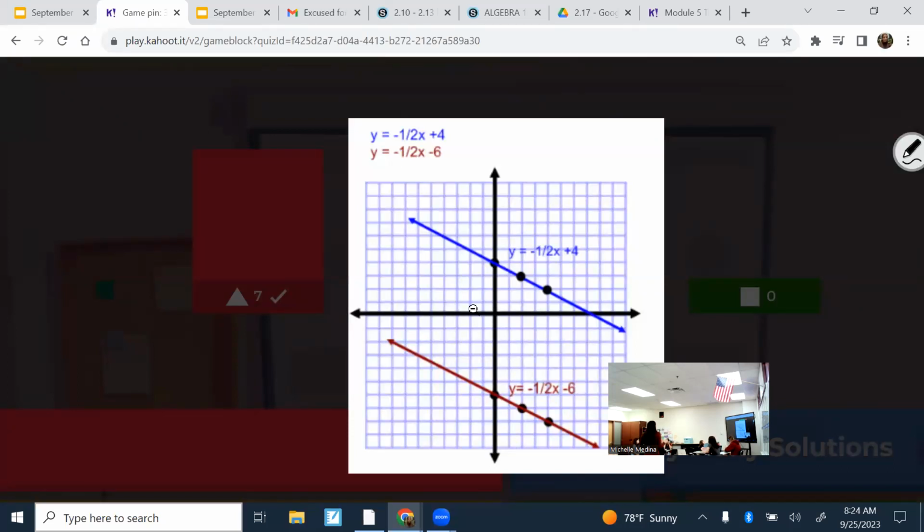They're not intersecting. What else? Can you elaborate more on that? Parallel. Because of what? How do you know for sure that they're parallel, that they're not going to intersect? They have the same number, yeah.